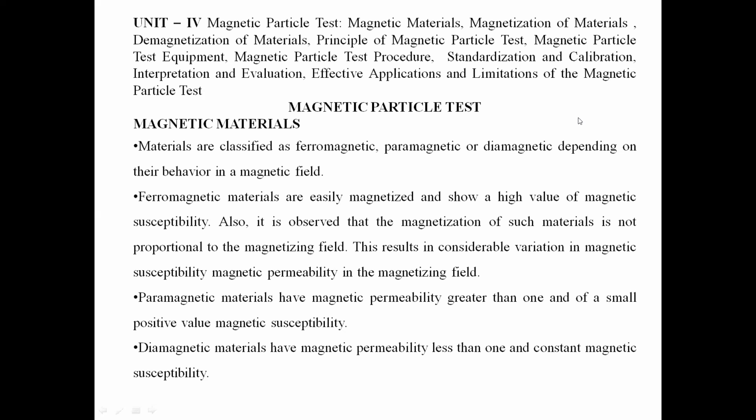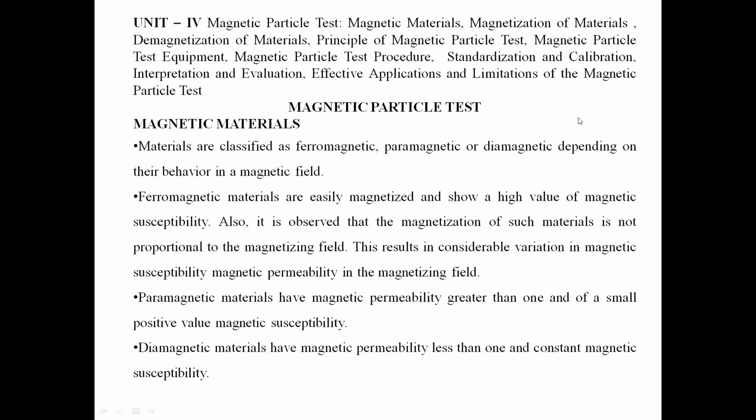Next, principle of magnetic particle test. Next, magnetic particle test equipment. What kind of equipment we need for magnetic particle testing? Next one is magnetic particle test procedure. What are the different steps followed for conducting the magnetic particle test?